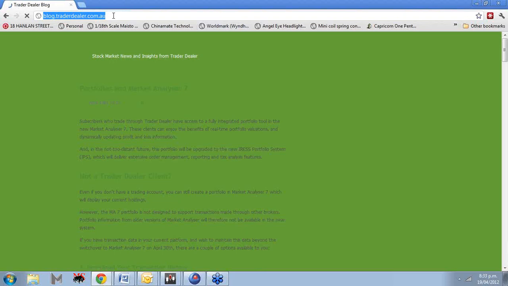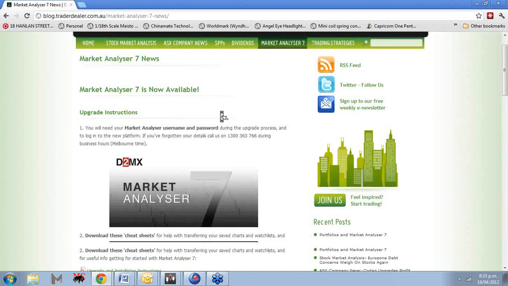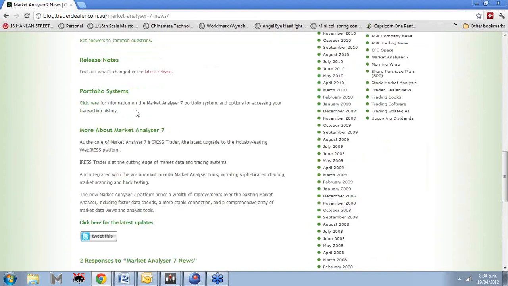So there's an opportunity here to pull your portfolios out of your old program and into an Excel spreadsheet for now. There is more work going on the portfolio system, and it will be incorporated in the Market Analyser 7 in the future. But for now, you can access the information from your old systems via the portfolio system in here.